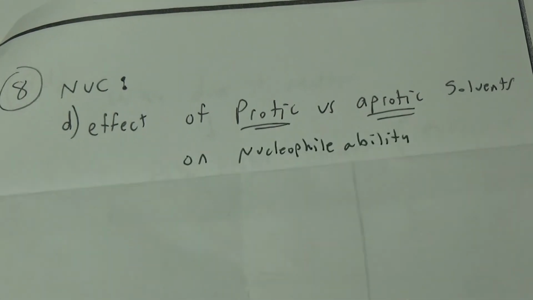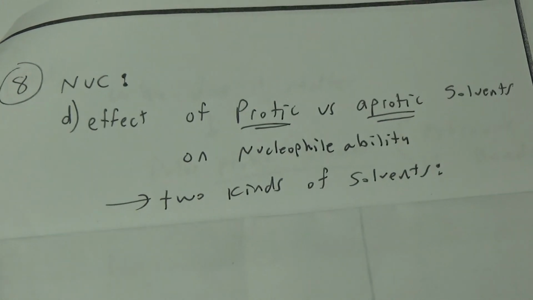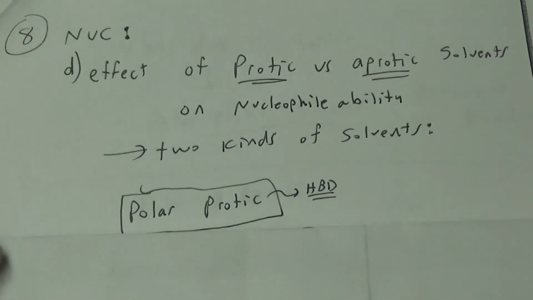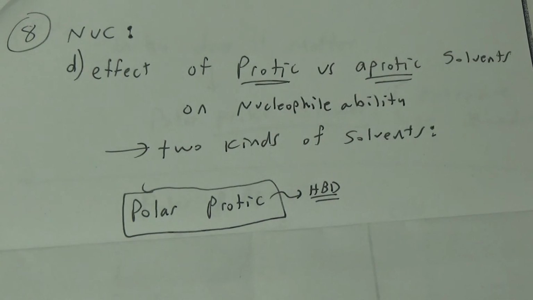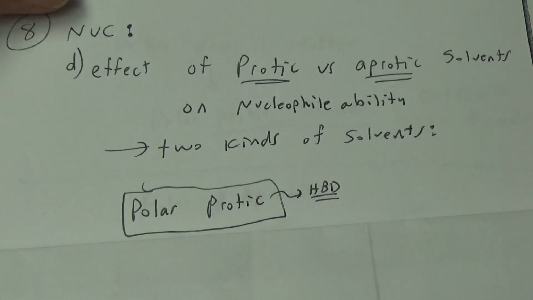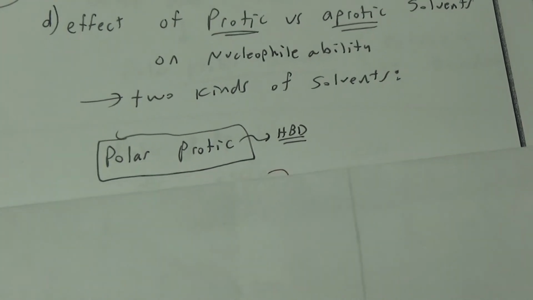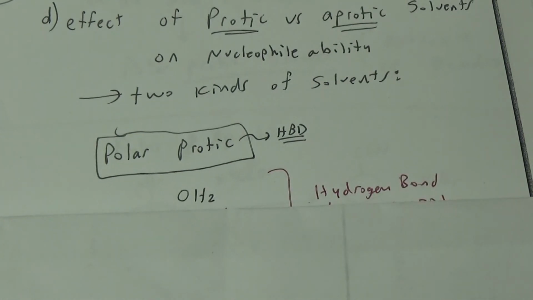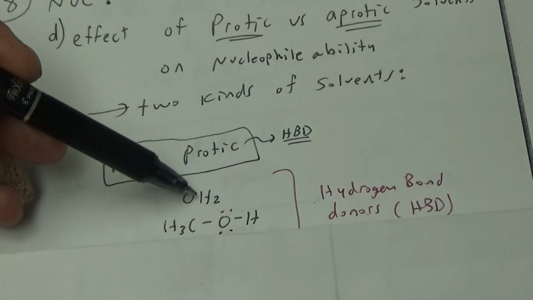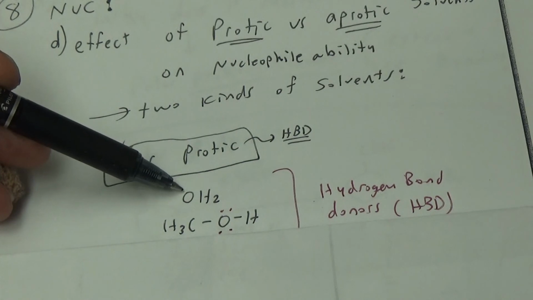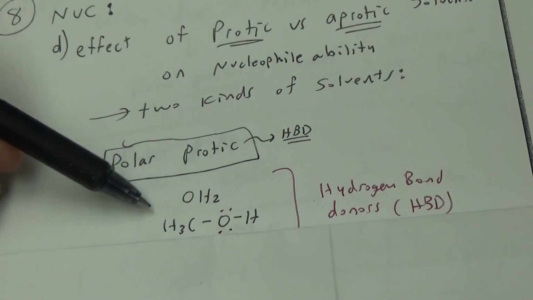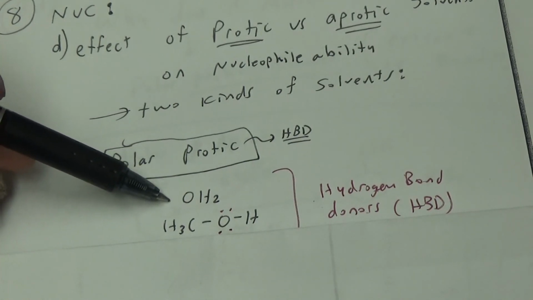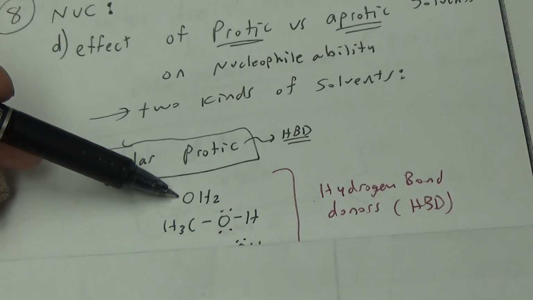And what was a protic versus aprotic? The two kinds of solvents. Polar protic, which is what you're maybe most familiar with in your common life, if you think about things like water, a classic polar protic solvent. They're solvents that have hydrogen bond donors on them, like OHs and NHs. Not CHs, because those aren't acidic, and these are moderately acidic.